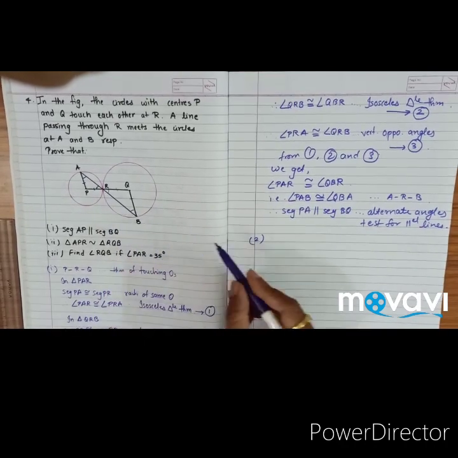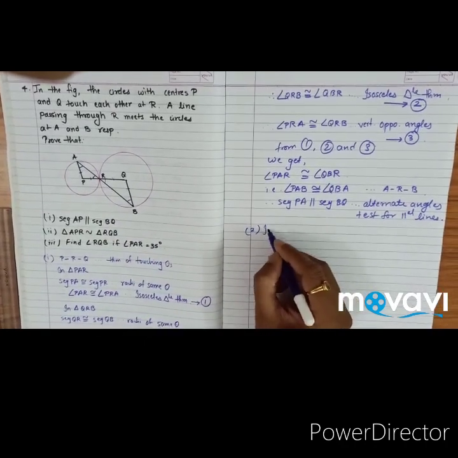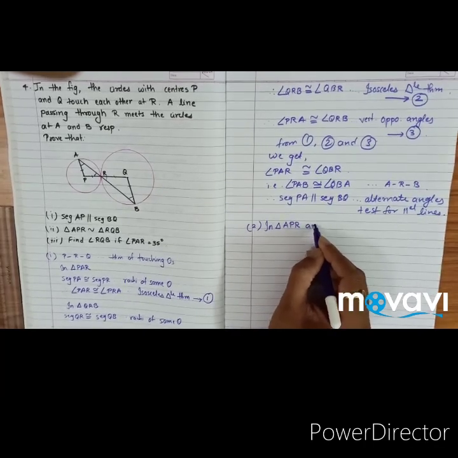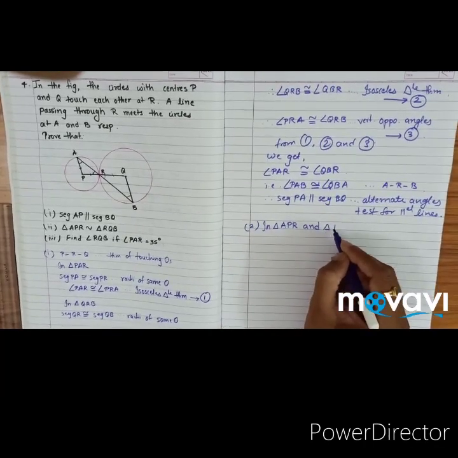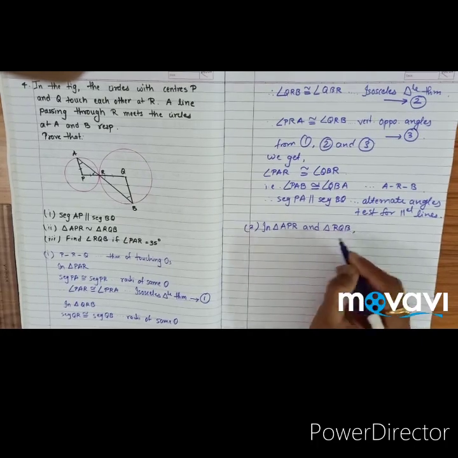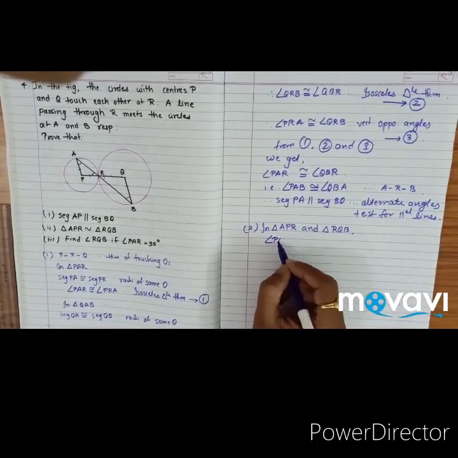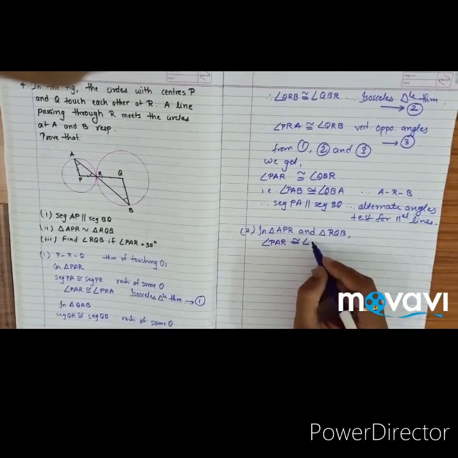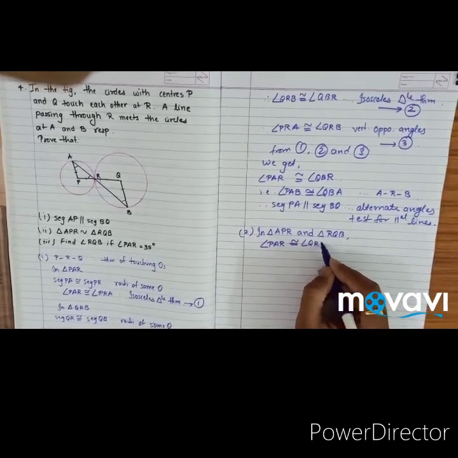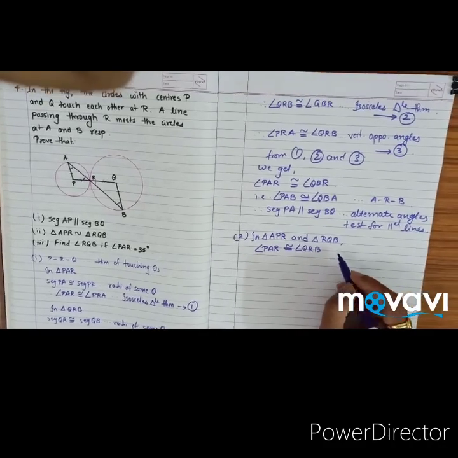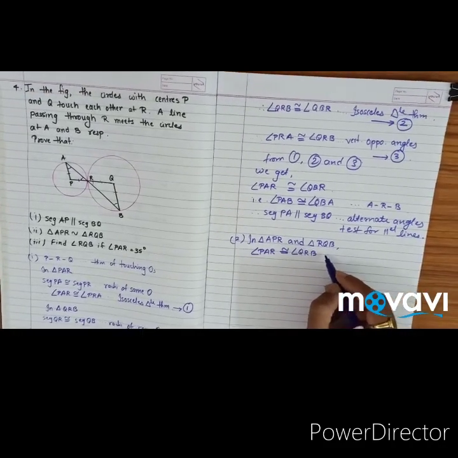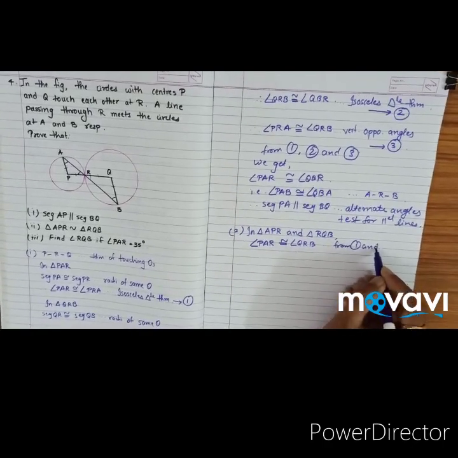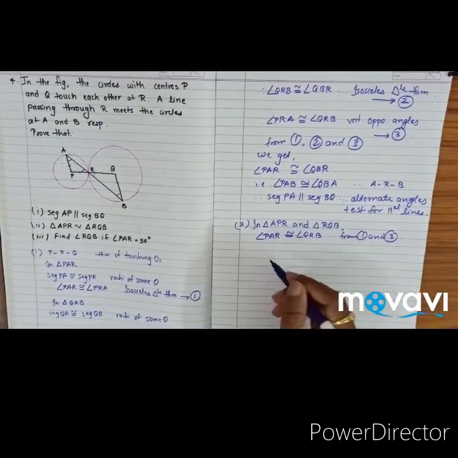How to write? Let us see. In triangle APR and triangle RQB, angle PAR is congruent to angle QRB. This we have already shown from 1 and 3. Okay.